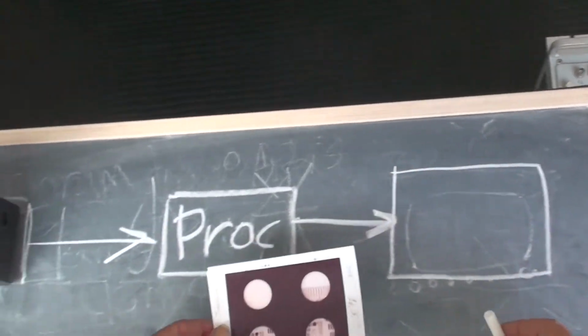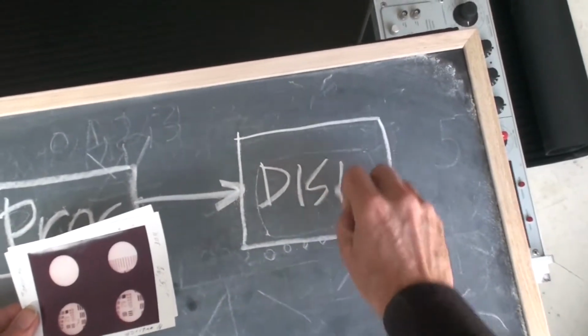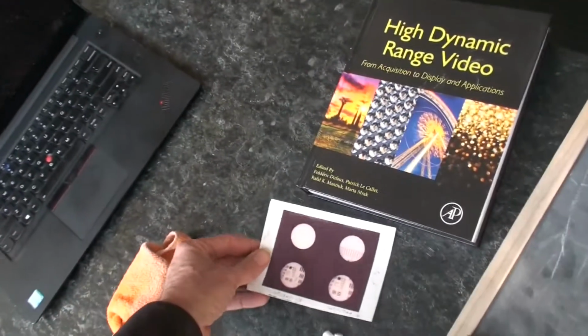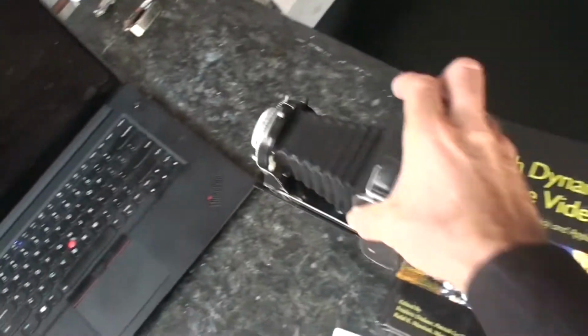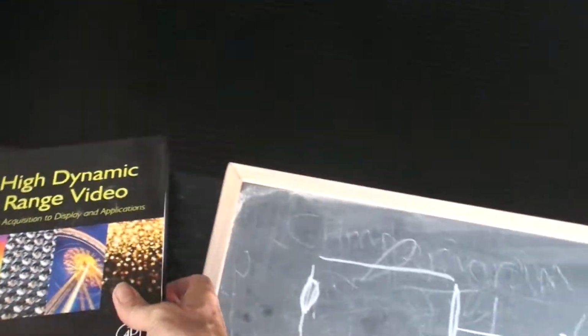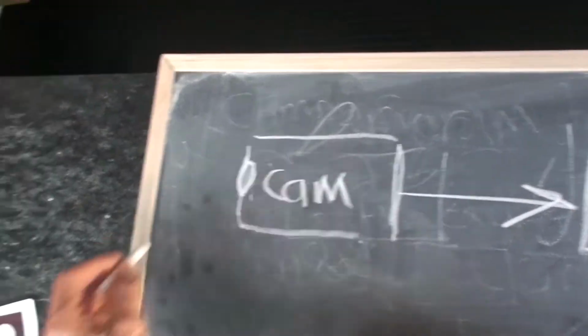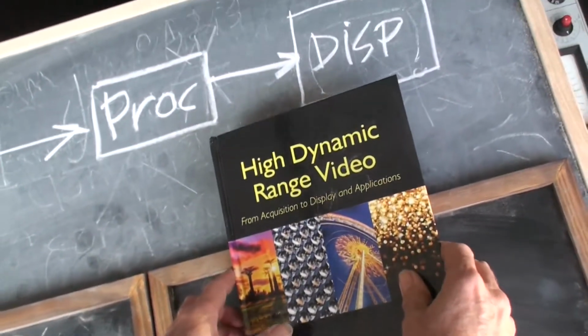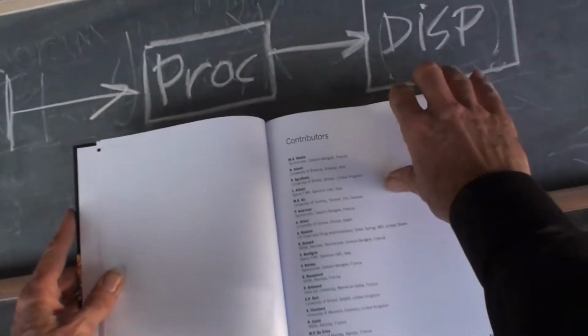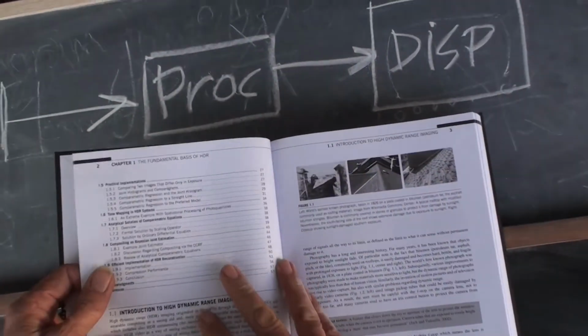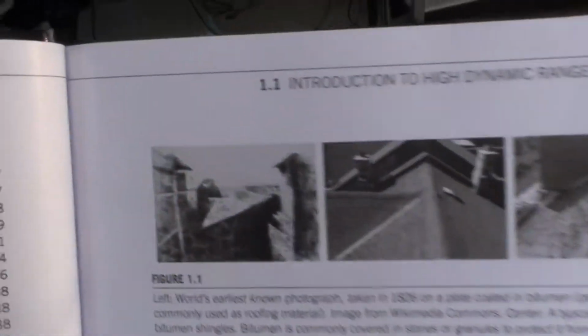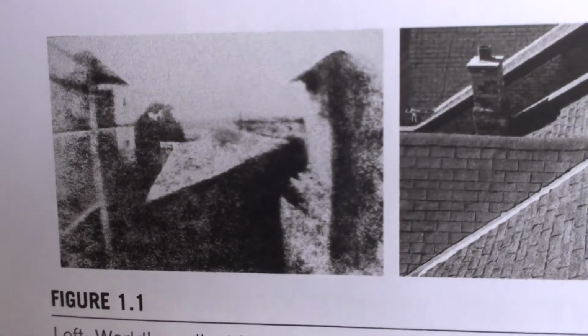And the display could be photographic paper, or it could be a printed book. If it's a page in a printed book, the picture might be reproduced. This is the camera here, and if we look at how pictures are printed or published, this is a picture of the world's first photograph that was ever taken, in 1826.